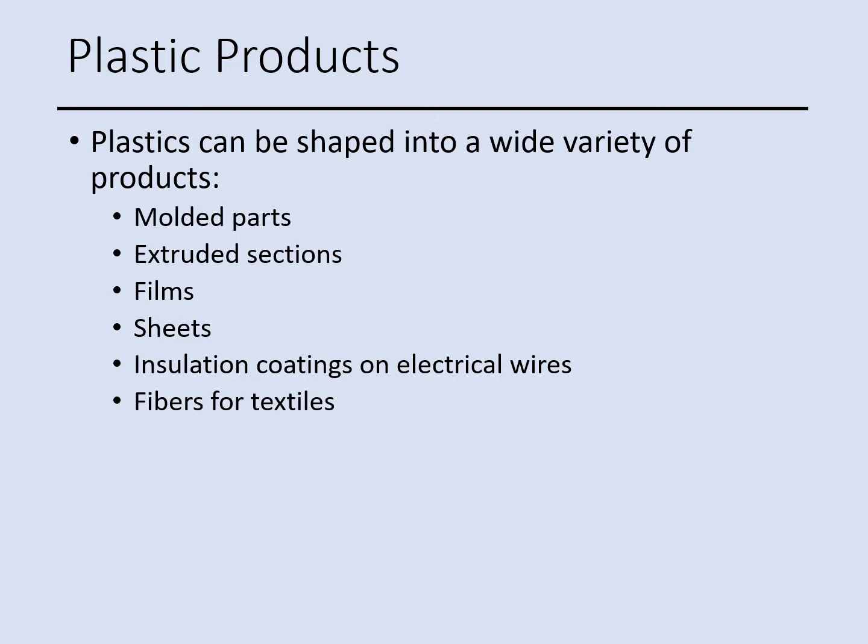We can make fibers for textiles. Also, plastics are often used as the principal ingredient in other materials, like paint, adhesive material, and matrix composite. So this is the dominant part in the composite. The dominant part is the polymer, and we have some ingredients that make the composite stronger.